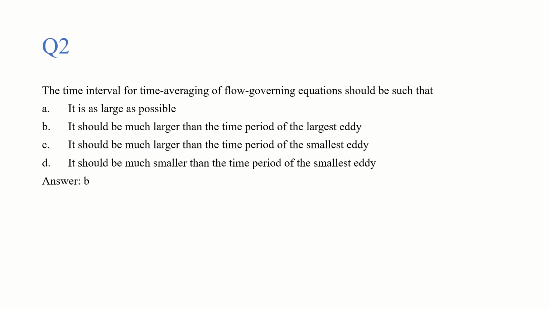If the grid sizes are very small, we know it would take a very large simulation time, thereby making it computationally expensive. So we should go for time averaging. By doing so, we obtain the governing equations in terms of the time averaged parameters.